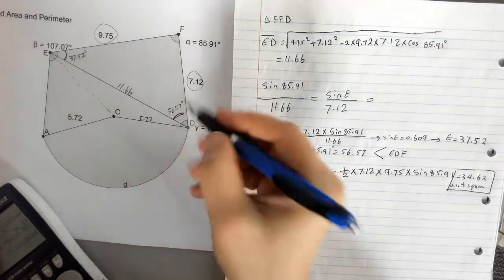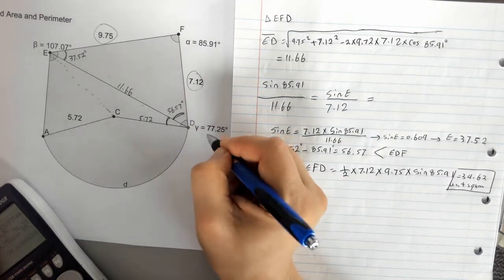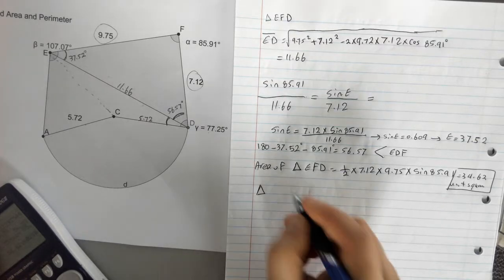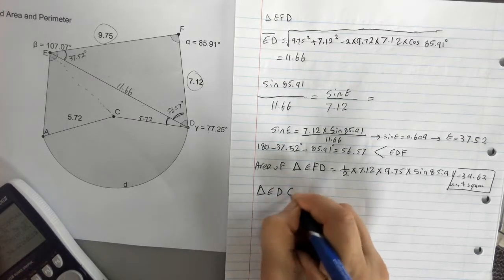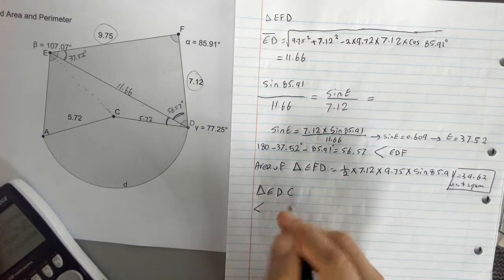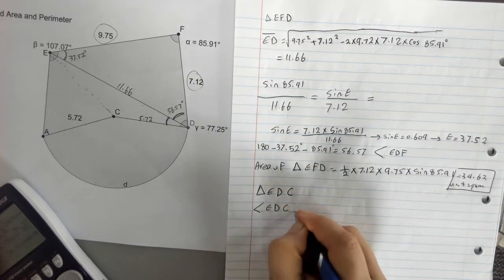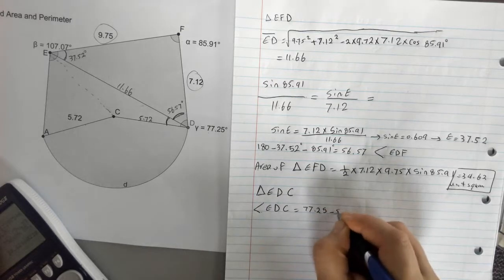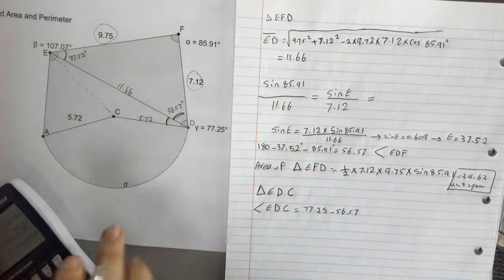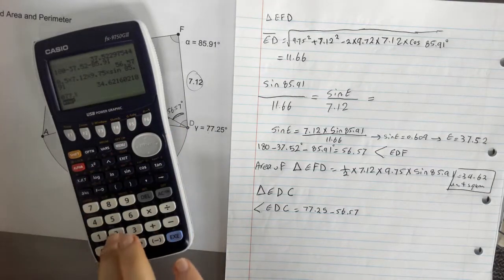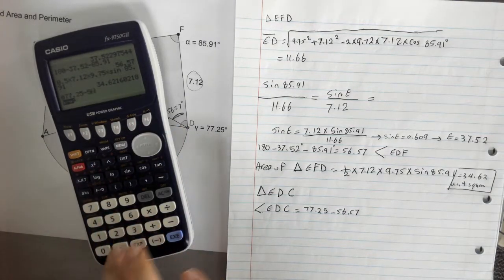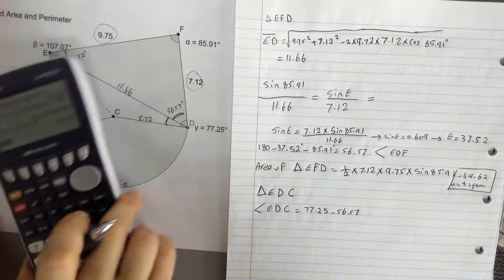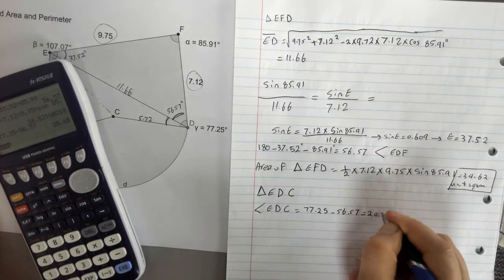So this angle here I can calculate now. So I'm going to work on triangle EDC now. So the angle EDC equals 77.25 minus 56.57, and that gives me 20.68.